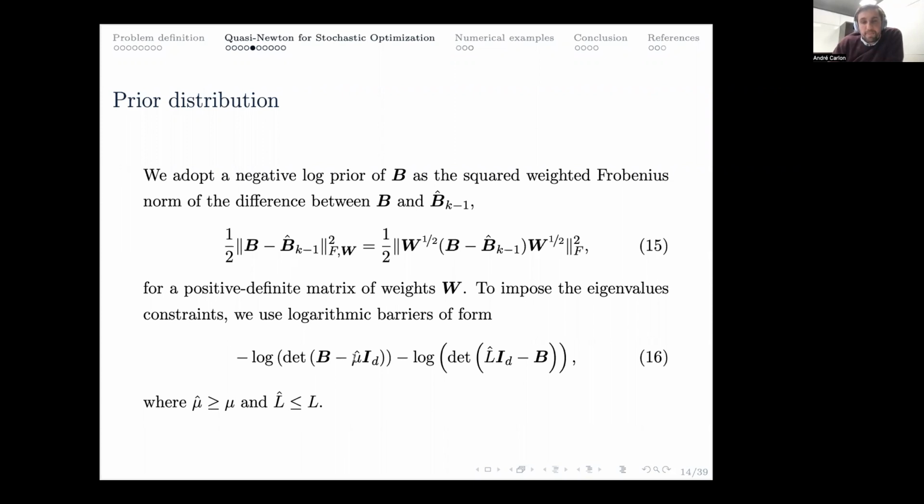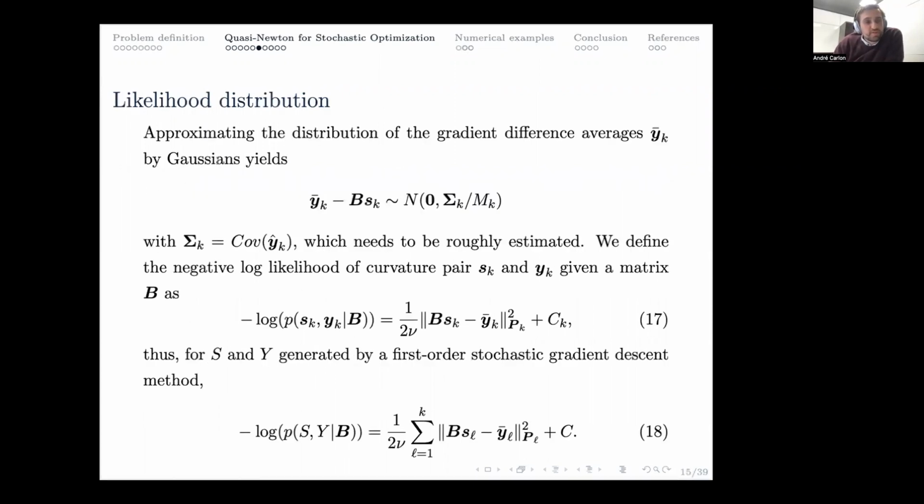So, having discussed the prior, we can check the likelihood. What do we do here? Well, we assume this Y bar, the Monte Carlo estimates, minus the matrix P times S, let's call this a residue of this second equation, to be distributed as a Gaussian.